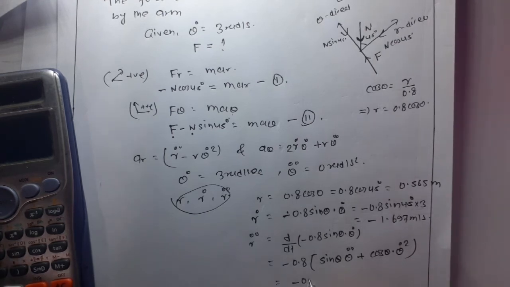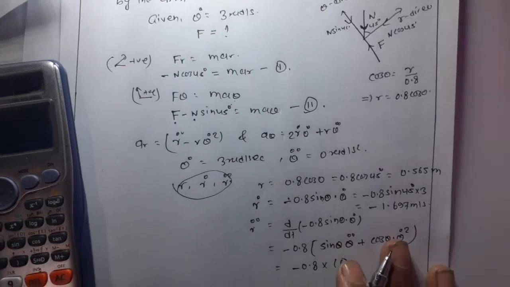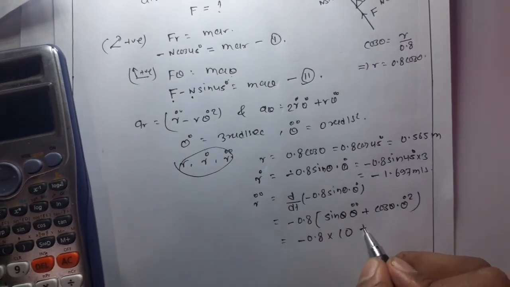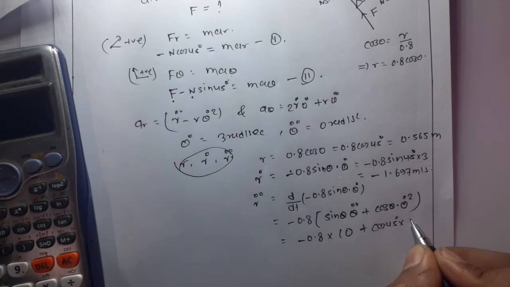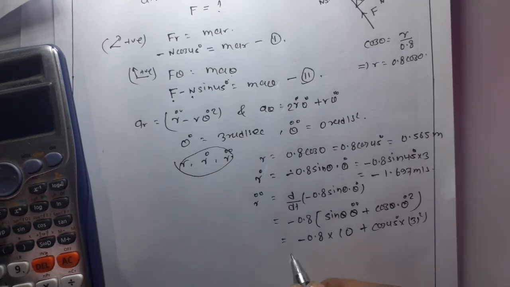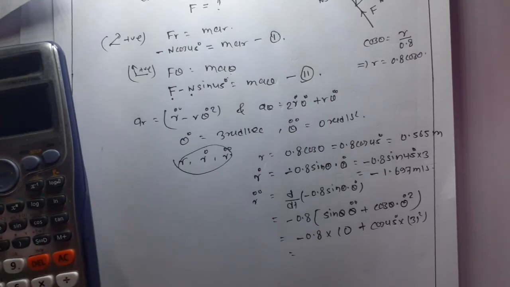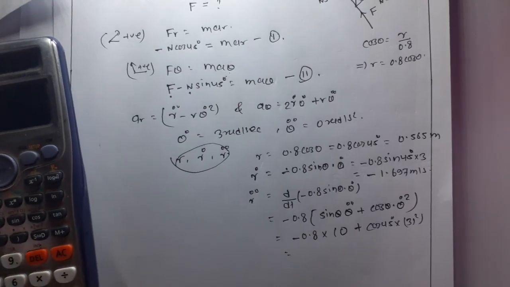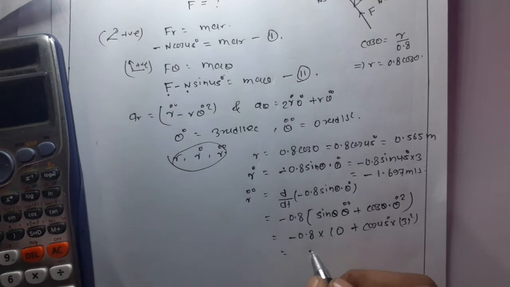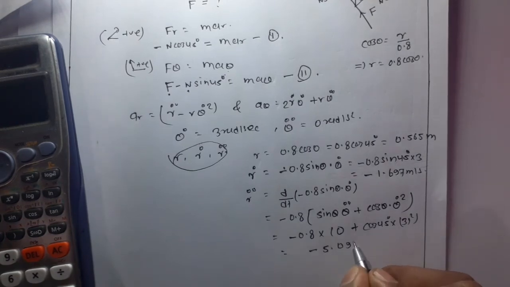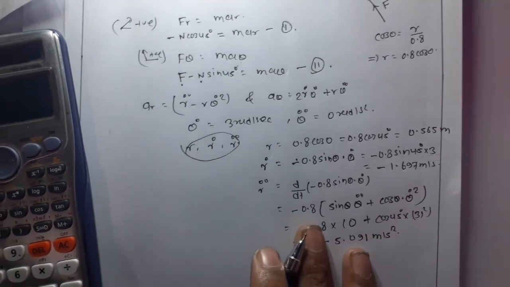So this is minus 0.8 into, this is 0 since theta double dot is 0, plus cos 45 degrees into 3 squared. So this is 9 cos 45 into 0.8. So this is minus 5.091 meter per second squared.